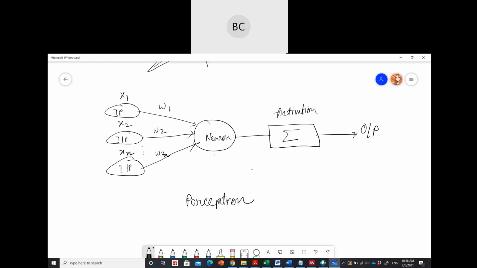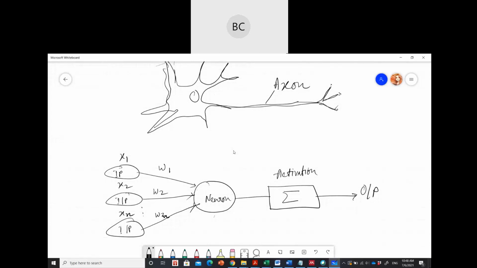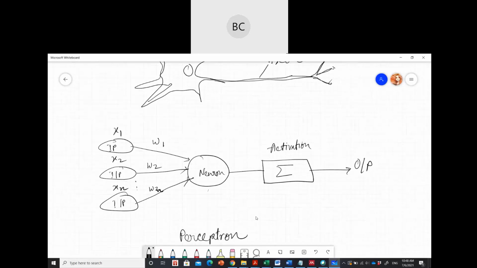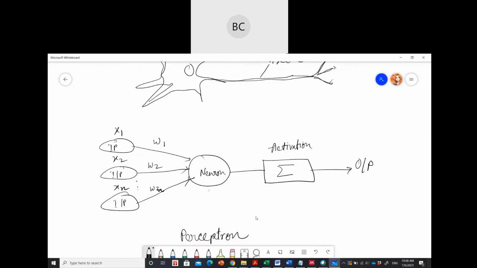Then it will go to the neuron, and the neuron will have an activation function. In a normal human brain, we say a neuron fires whenever it sees anything exciting. The activation function is also a mathematical function which has a particular threshold. It is going to find the sum of all the weighted inputs.